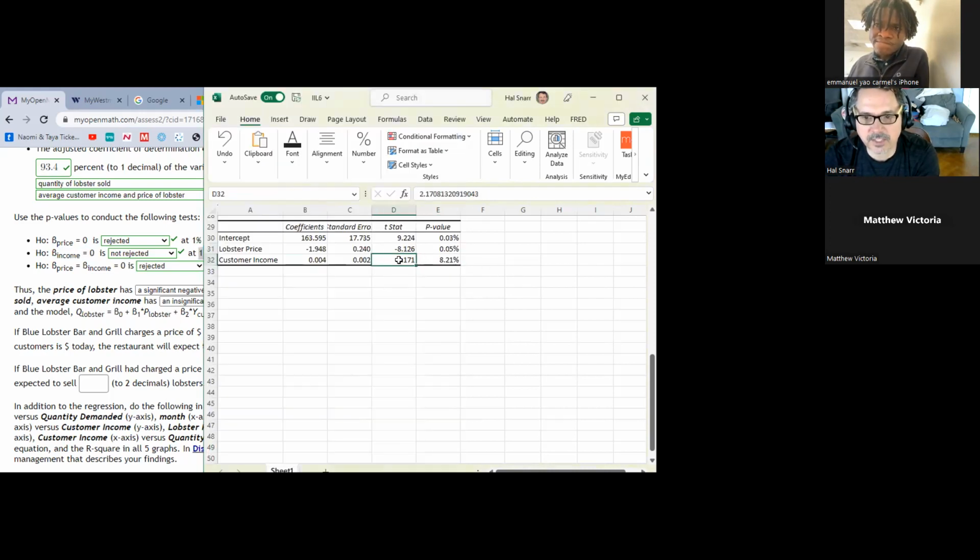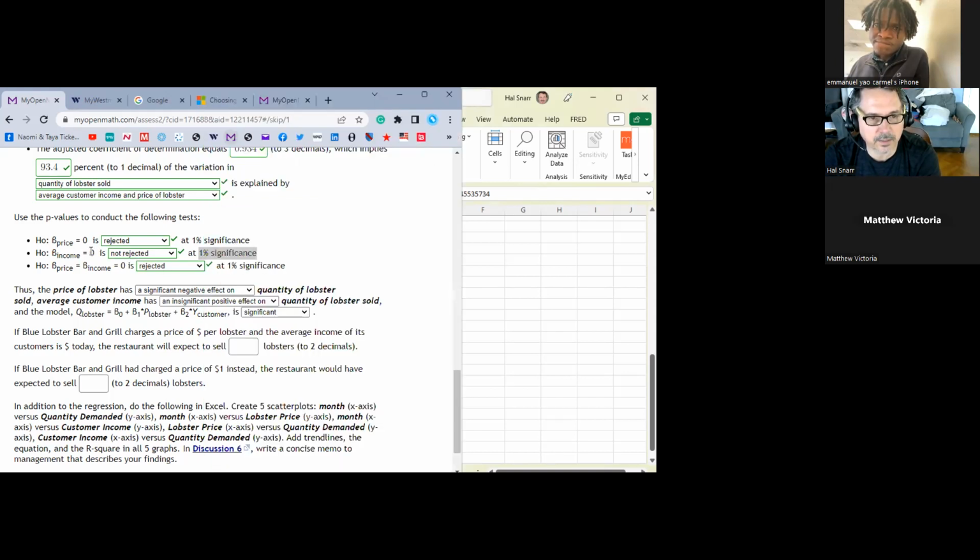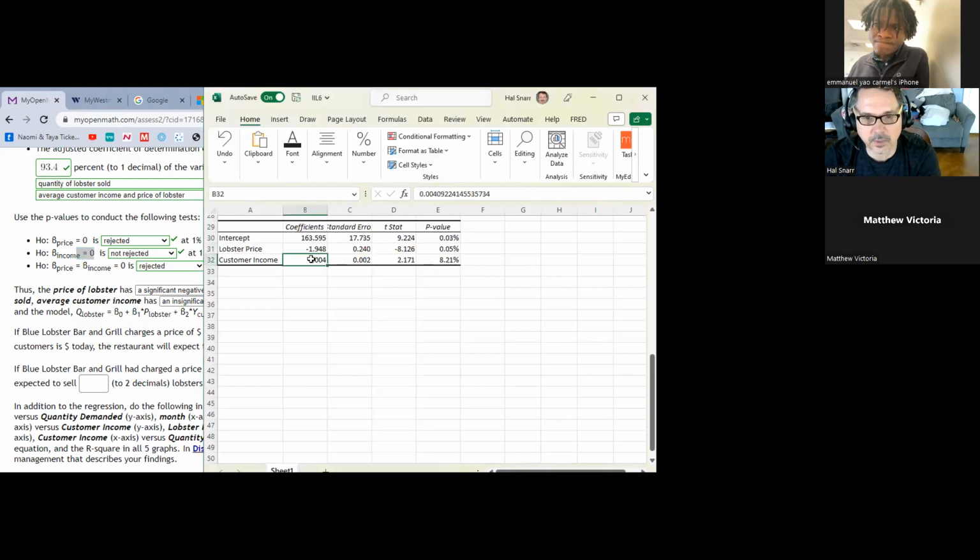So the t-stat is small, which implies that the difference between the customer income coefficient and 0 is insignificant. That's why we couldn't reject that null hypothesis. We're concluding that this is likely 0, and that the price coefficient is negative and not equal to 0.